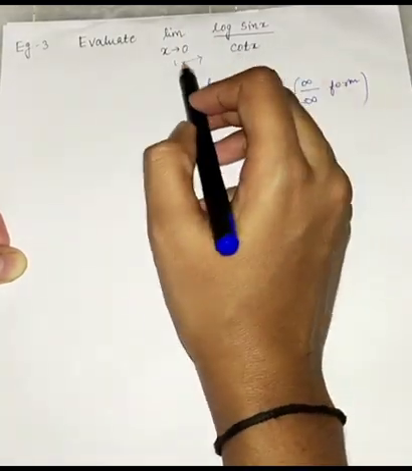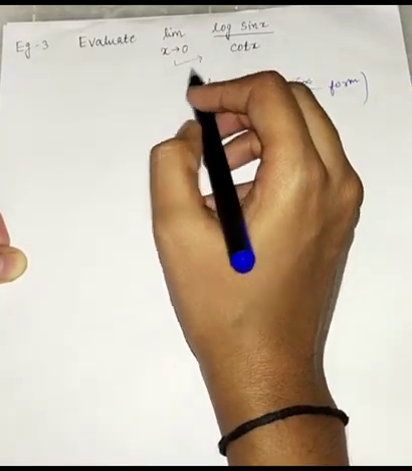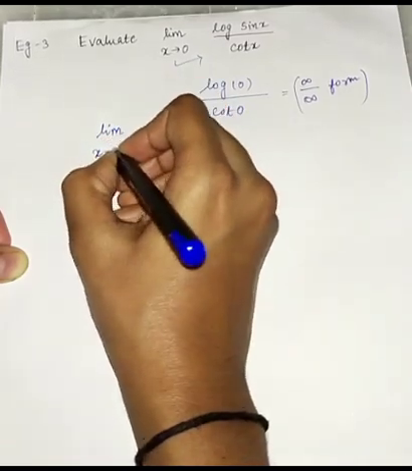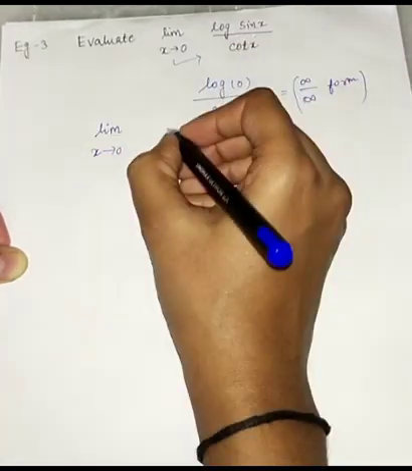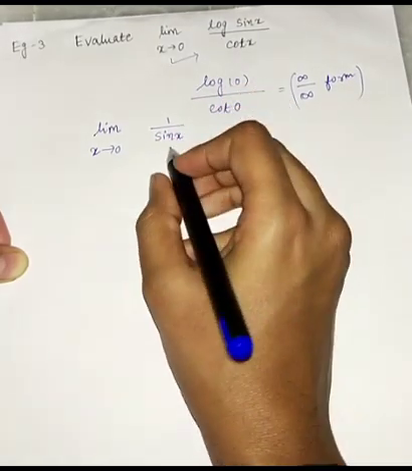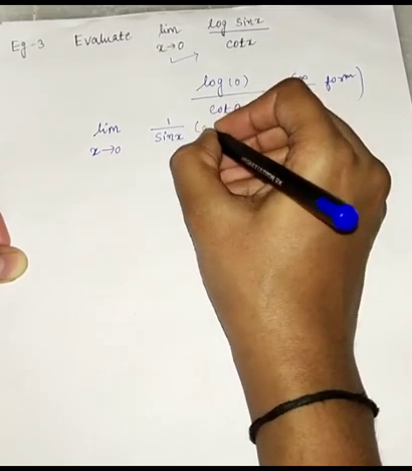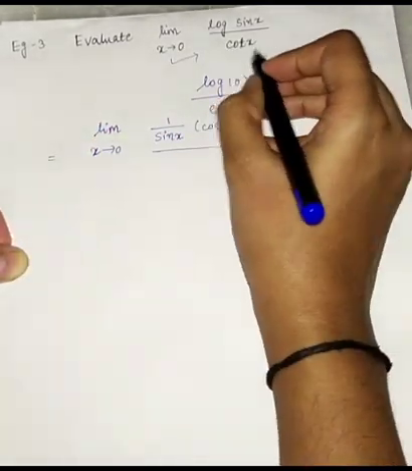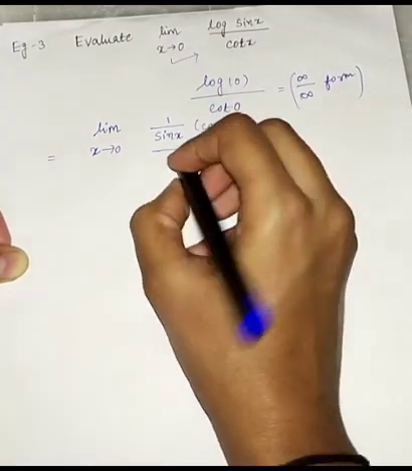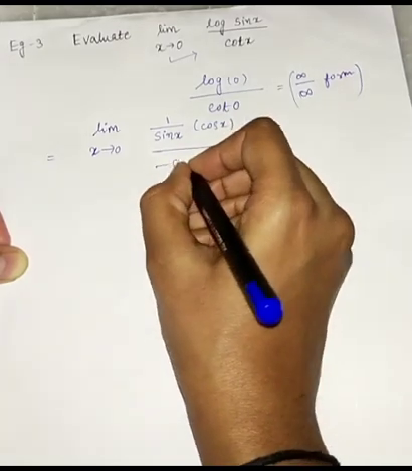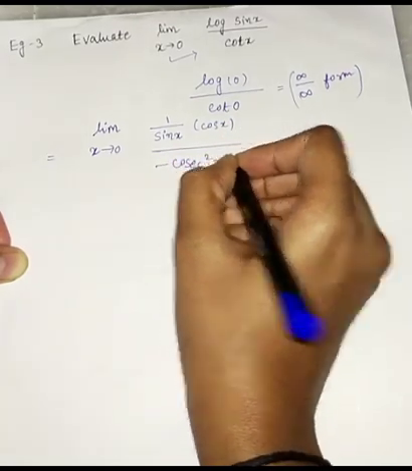So now we will differentiate this equation further. So first, if we differentiate the numerator part, we get differentiation of log sin x is 1 upon sin x, and again differentiation of sin x is cos x. Upon differentiating the denominator part, the differentiation of cot x is minus cosec square x.